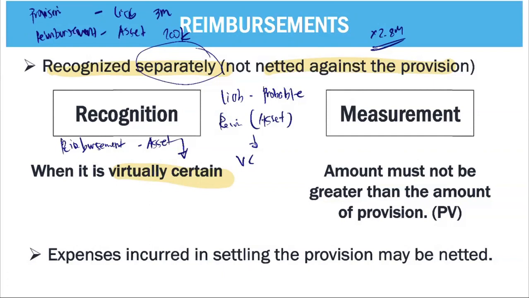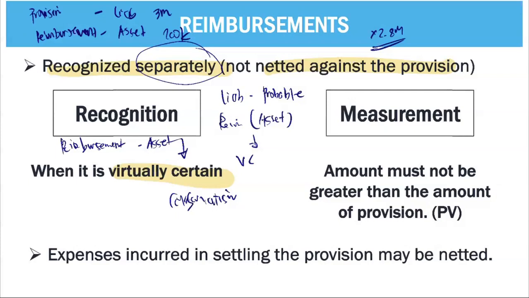Why do we recognize the reimbursement only when it is virtually certain? Because of your conservatism concept. So what does your conservatism concept provide you again? That it is better to understate your asset than overstate it, or it is better to overstate your liability than understate it. Here, for your liability, it would be easier for you to recognize because you only need to meet probability, more likely than not.